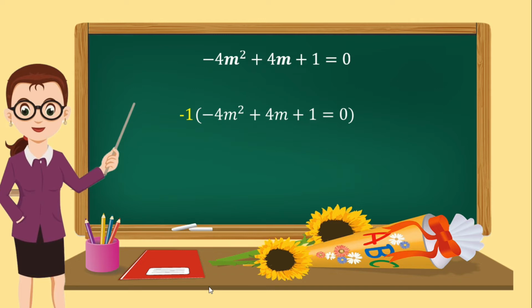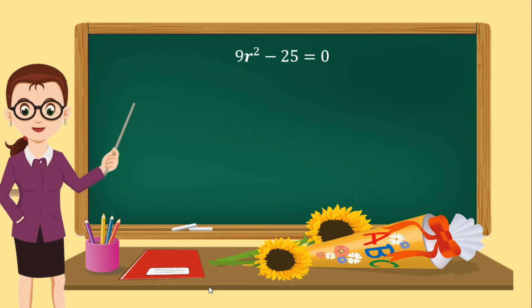We come up with 4m squared minus 4m minus 1 equals 0. Since a, or 4, is now a positive real number, we can identify the values: a is 4, b is -4, and c is -1.